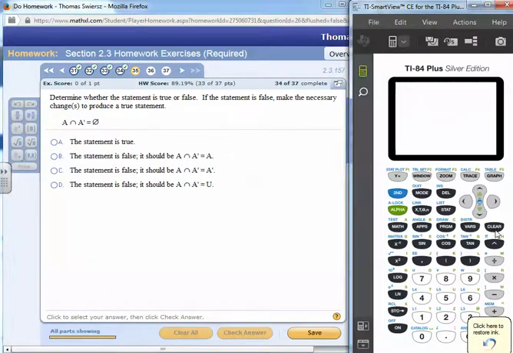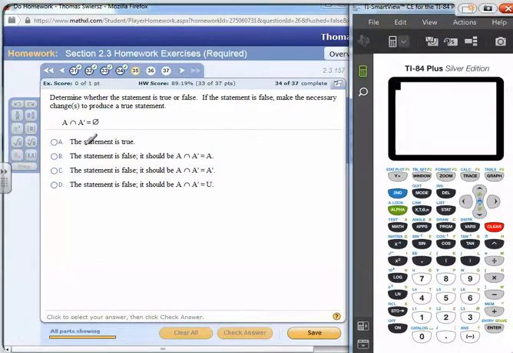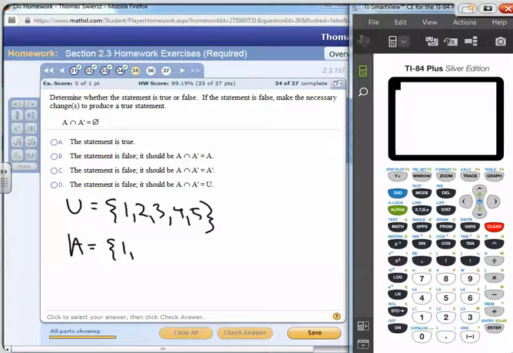All right, number 35, A intersect A complement. Now remember, A would be all the elements in A. So let's say the universal set is 1, 2, 3, 4, 5. If A is equal to, say, 1 and 2, then A complement is everything that's not in A but in the universal set. So A complement would be 3, 4, and 5, right?